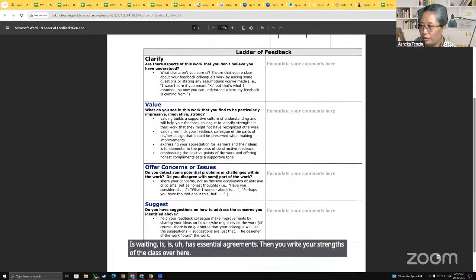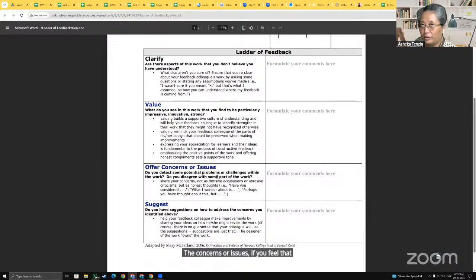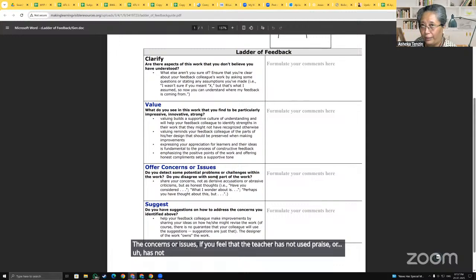The concerns or issues: if you feel that the teacher has not used praise or has not used the waiting time for the students to answer, then you write that, okay, this is the issue.